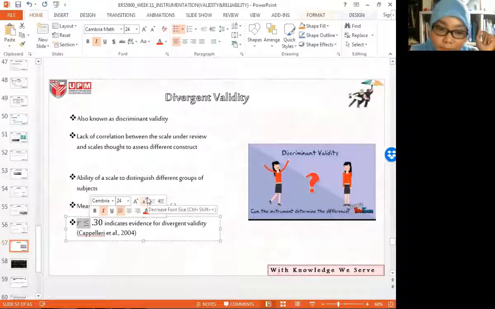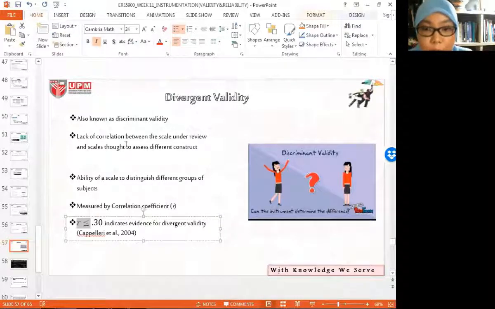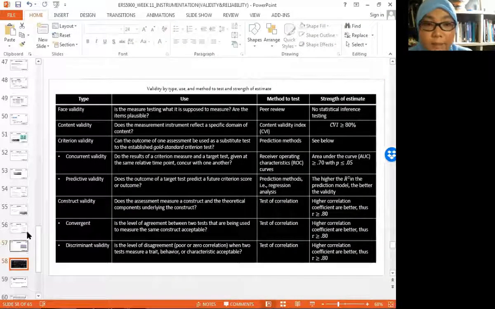But if the correlation coefficient value is 0.31 and above, it means there is something wrong with your instrument. It is measuring a similar thing. Understand? Converge and diverge are easy, just differentiate them.